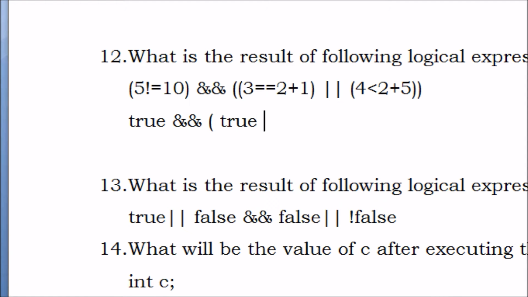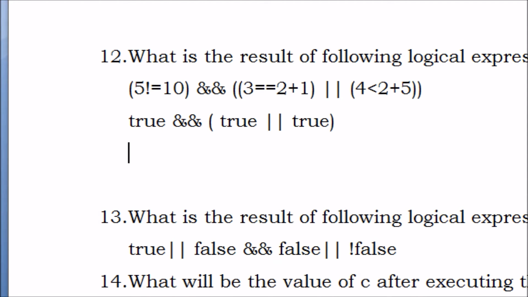Okay, then the OR operator comes as it is, and this bracket, 4 less than 2 plus 5. So again we'll evaluate 2 plus 5 first, which is 7, and 4 is definitely less than 7, so we get true here, and the bracket is closed. Now what do we do?